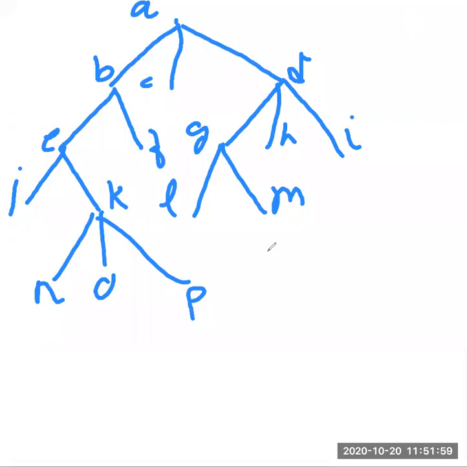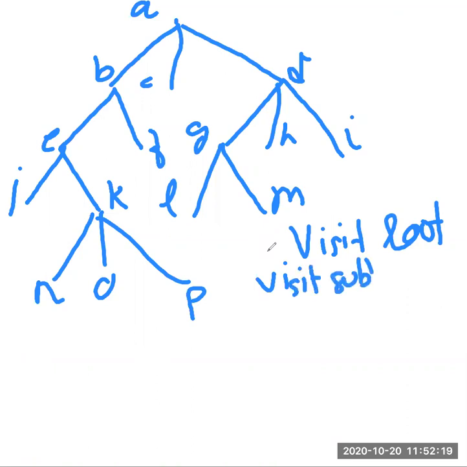Now I want to do pre-order traversal. So what is pre-order traversal? Visit root, and then visit subtrees from left to right.